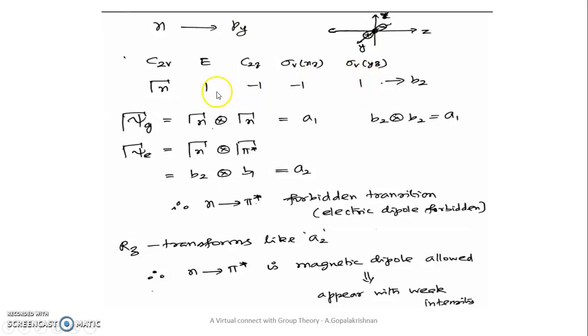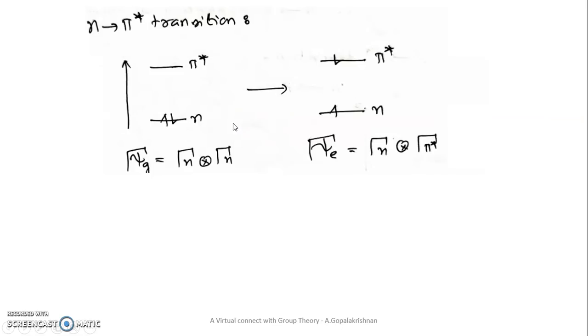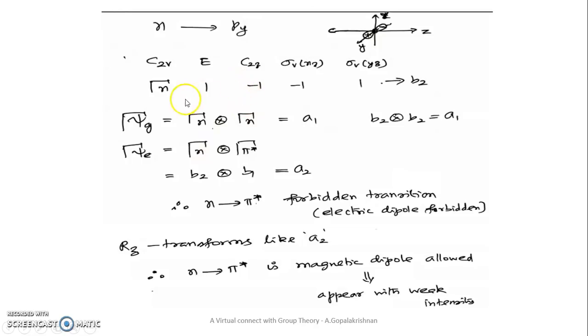Now, if you analyze the characters 1, -1, -1, 1 in the character table, this belongs to the B2 irreducible representation. Are you able to understand? Now listen. The ground state wave function is the direct product of the non-bonding orbitals. The representation of non-bonding is B2, so you have to carry out the direct product of B2 and B2.